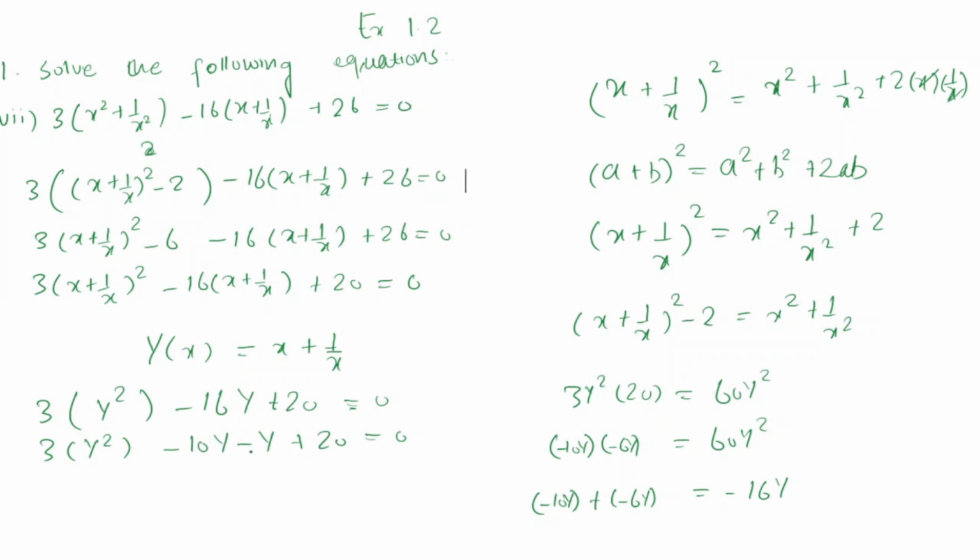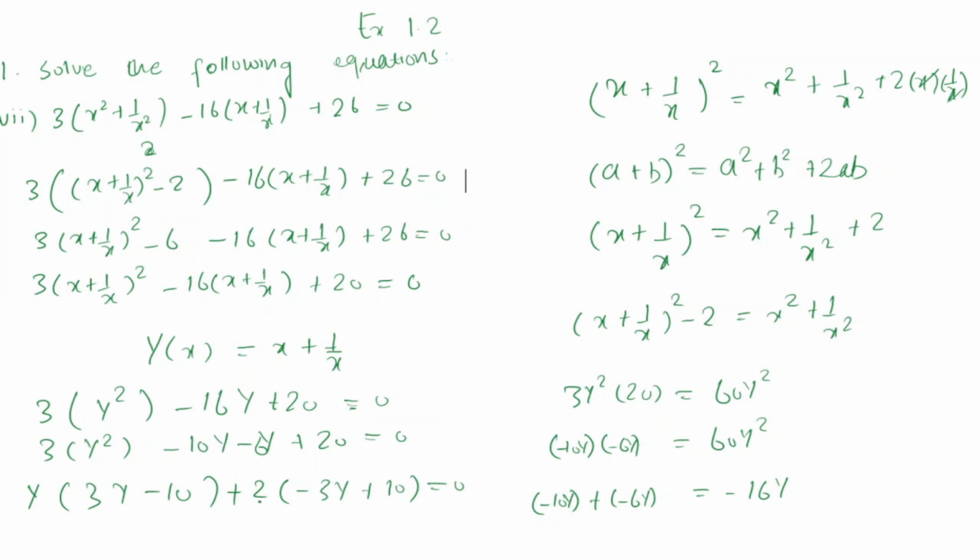Minus 6y it is. What is common in this? The common is y, so write 3y, take the common from here, minus 10. And in these two terms, what is common? These are both multiples of 2, so take 2 as your common from it, so you are getting 3y and 10 here.